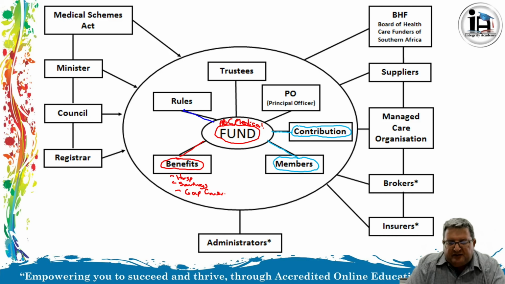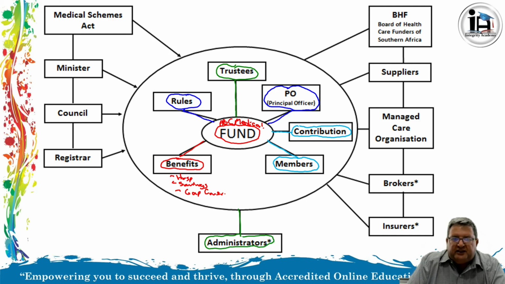The fund has rules. They have a principal officer, like the CEO or main officer. And then they also consist of some trustees. And then there are administrators as well. So let's call it ABC Medical Scheme.